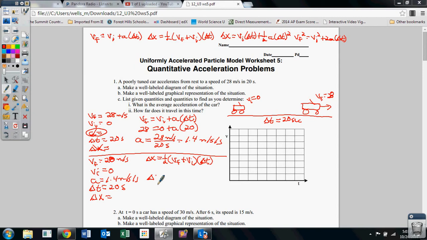So delta x is equal to 1/2. Final velocity is 28. The initial velocity is 0. And multiply that by the time, which is 20. And from that you get 280, and the units would be meters.